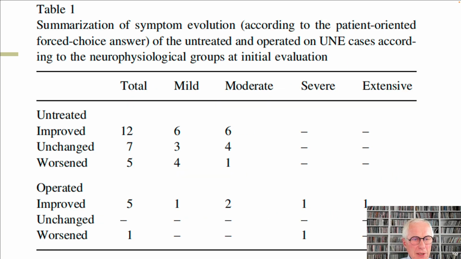The number of patients was not impressively high, but you see that of the ones with mild affection, many improved, some were unchanged, and some worsened. The ones that were operated were the ones that were more severely involved, and quite a few improved.